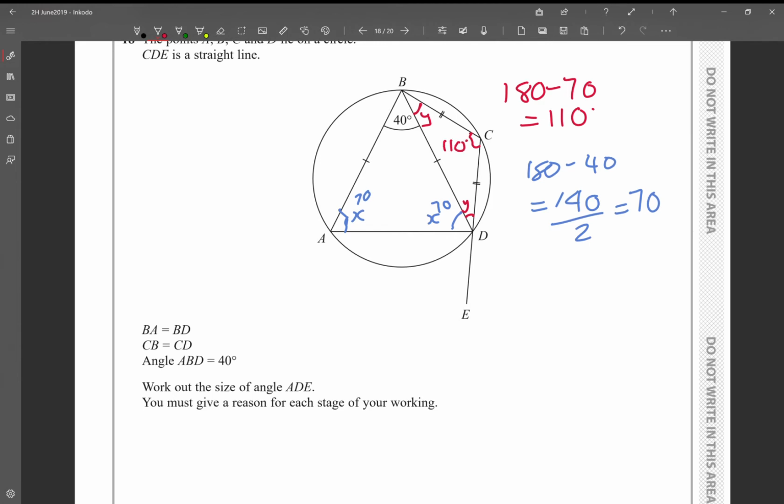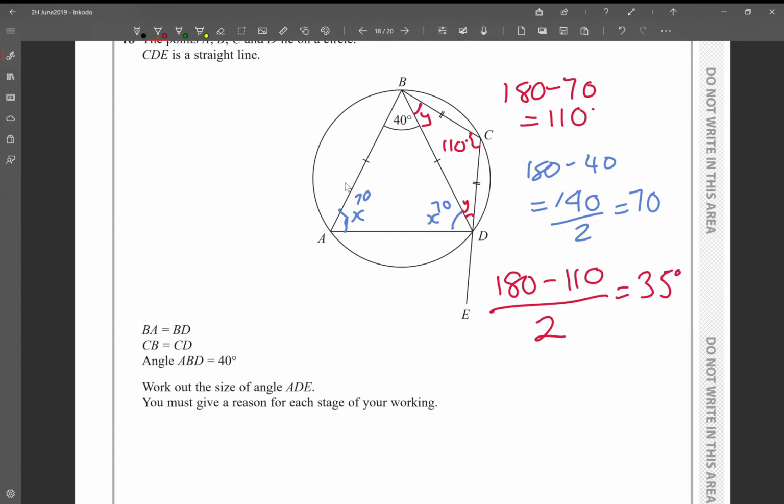And then when we've got that, we can do exactly the same as the other one. We know one angle here, and we don't know the other two, and then we divide that by 2 to get these two isosceles angles here. They're going to be the same. So 180 minus 110, and therefore this one is going to equal 35.